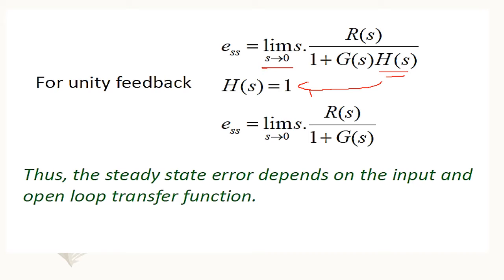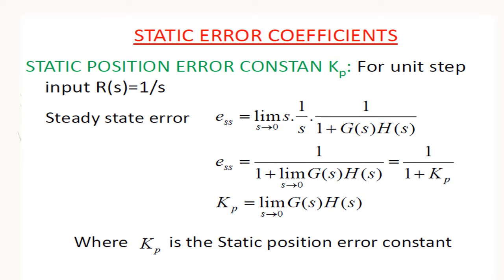Thus the steady state error depends on the input and the open loop transfer function. That is, the input is R(s) and the open loop transfer function, that is G(s) H(s). Now from the previous lecture, we already know the static position error constant, that is Kp, and what Kv and Ka are.